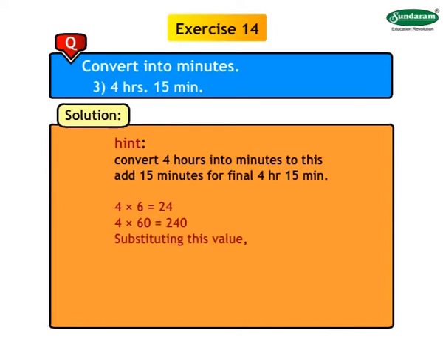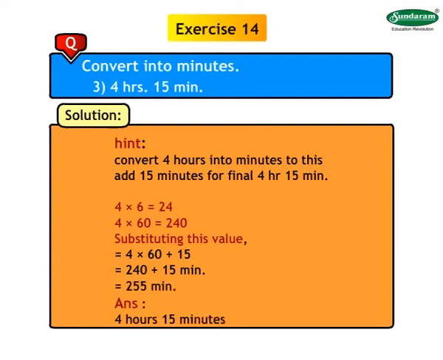Substituting this value, we get 4 into 60 plus 15 minutes. Therefore, 4 hours 15 minutes is equal to 240 plus 15 minutes. Adding the units and tens place, we get 255 minutes. Answer is 4 hours 15 minutes is equal to 255 minutes.